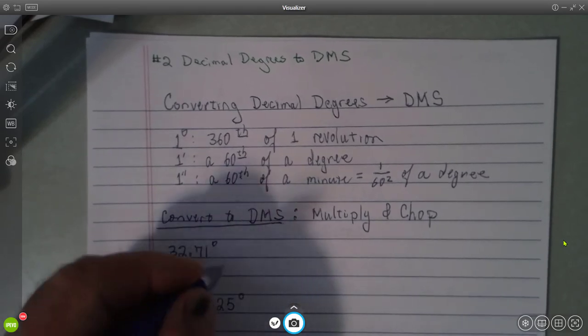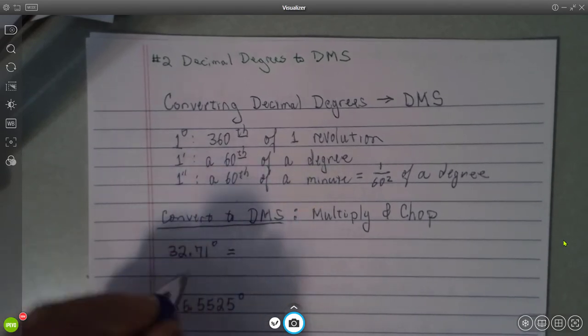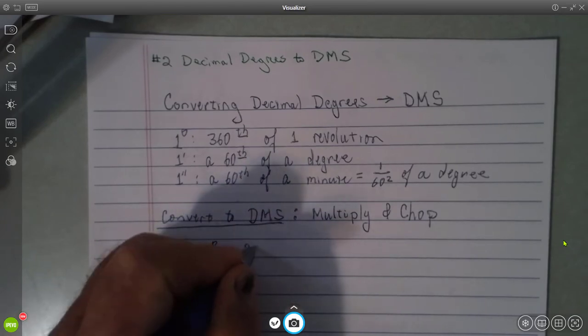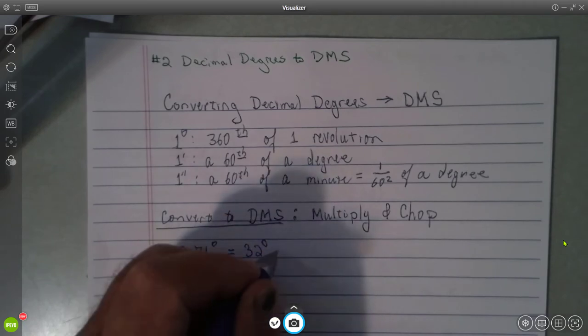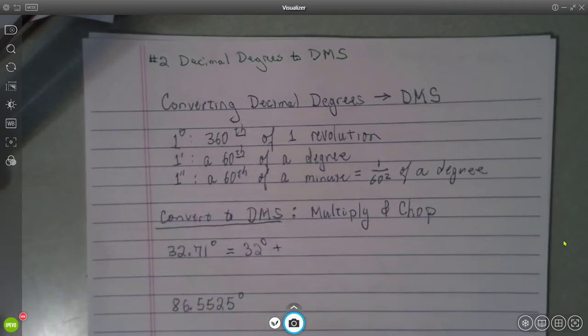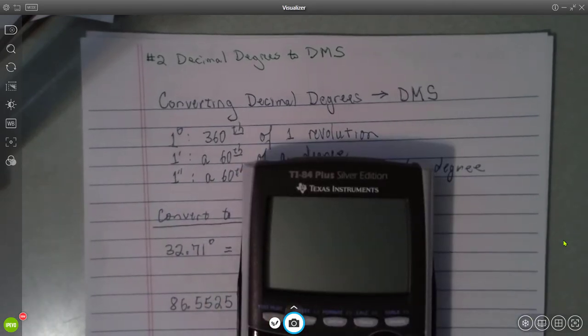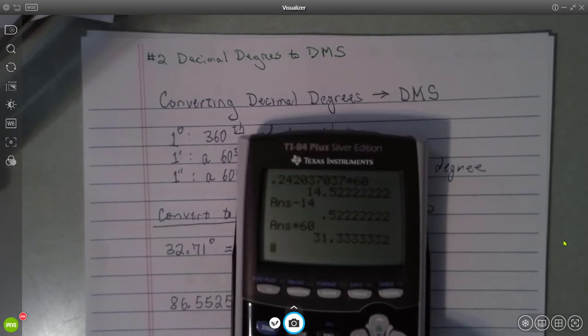What I'm going to do is say, well, the number of whole degrees is already evident. That's 32 degrees. And now the number of minutes, well, what I can do is take this 0.71 and multiply it by 60 to see how many 60ths of a degree I have there.